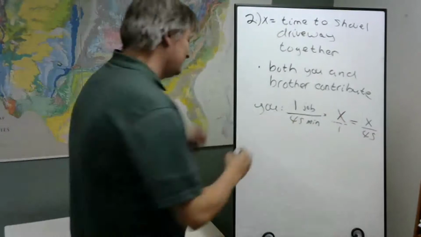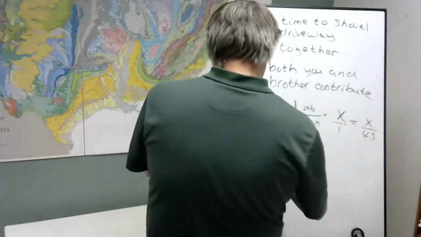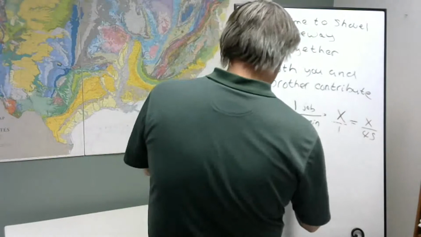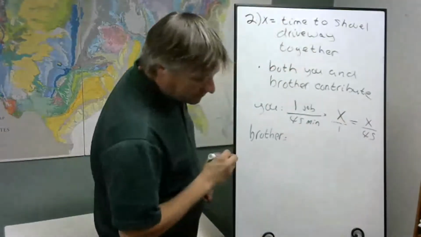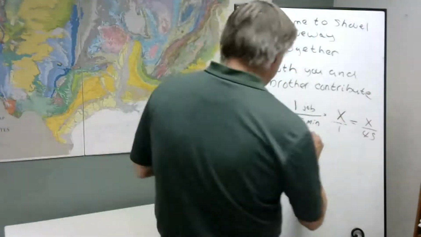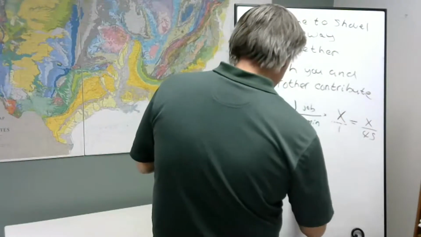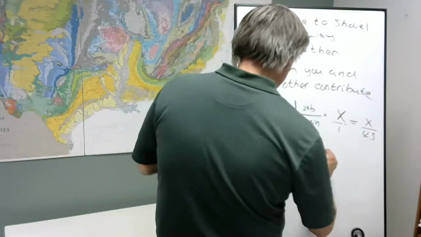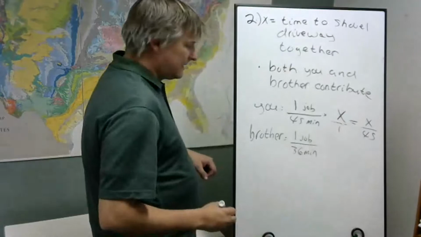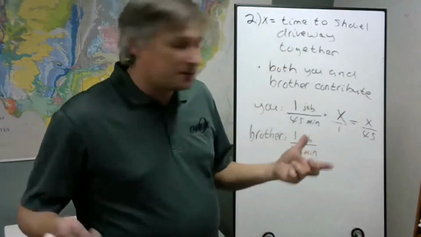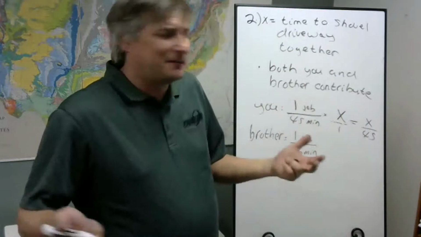And what about your brother? Well, for your brother, what you're going to have is 1 job in 36 minutes. Now, he's going to have, again, X amount of time to work on this. So how much of the job is he going to get done?